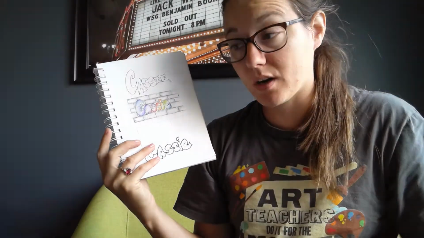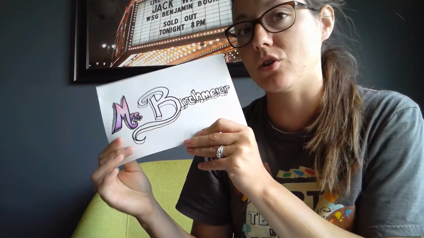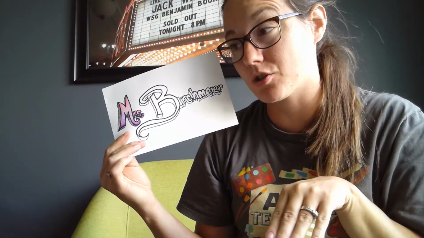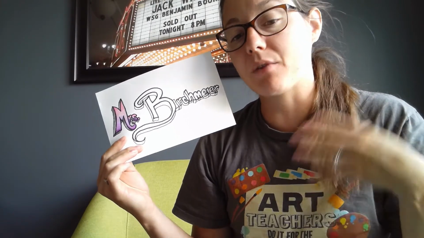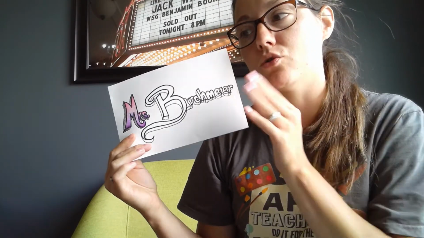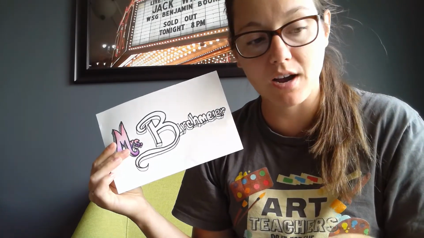So then what I would love for you to do is take your final copy paper, so the paper you're going to use for your sketchbook cover, and draw your name in the same way, that really interesting graffiti style that you came up with in your sketchbook. Draw that on a final copy version for your sketchbook cover.